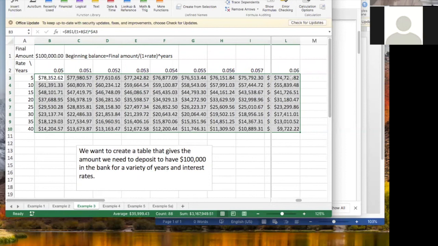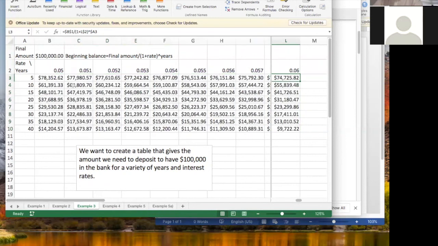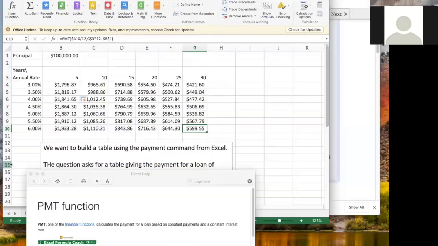If I get 6% interest, I only need to put in $74,000. If instead of 5 years, I've got 40 years to do it, this is retirement. To get $100,000 at retirement, I only need to put in $14,000 now with 5% interest and $9,000 with 6% interest. This is an exponential function and it grows that way. That's all for today. I will come back with other examples.